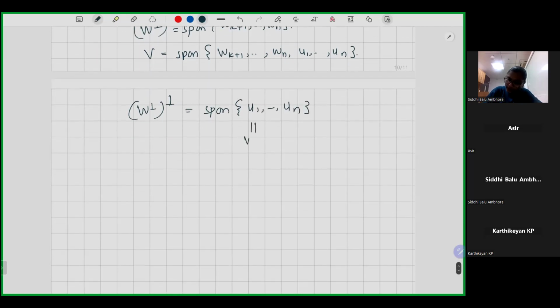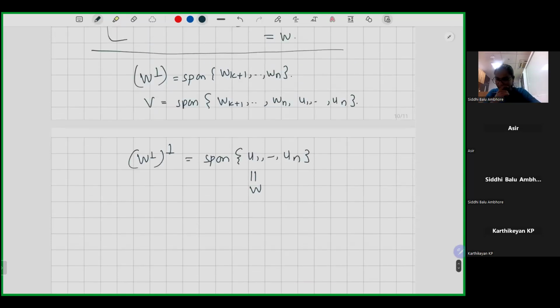But how can we say that this is equal to W, if I don't know the basis of W and just know the basis of W perp? Am I making sense here? How can we say this?